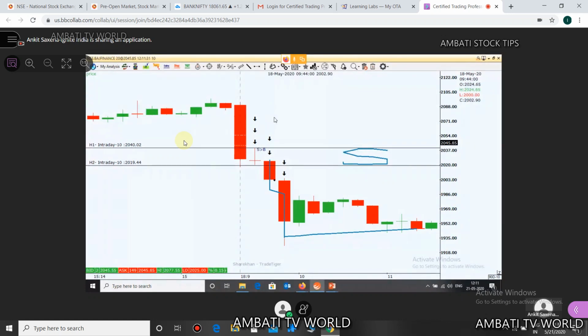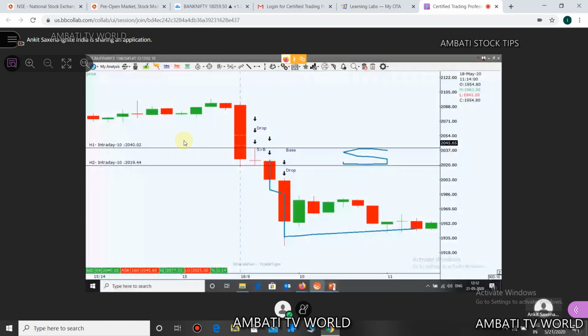This is a drop. Then the middle candle is the base. And this is again a drop here. Drop, base, and then a drop. Clear?